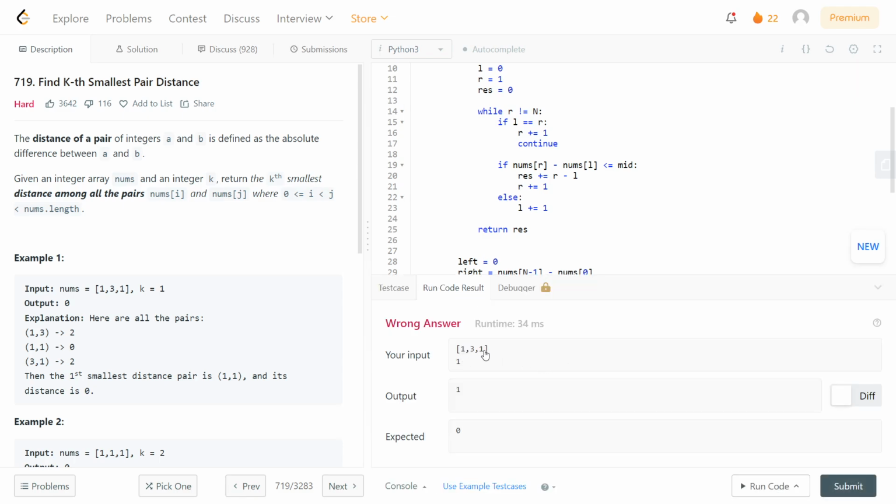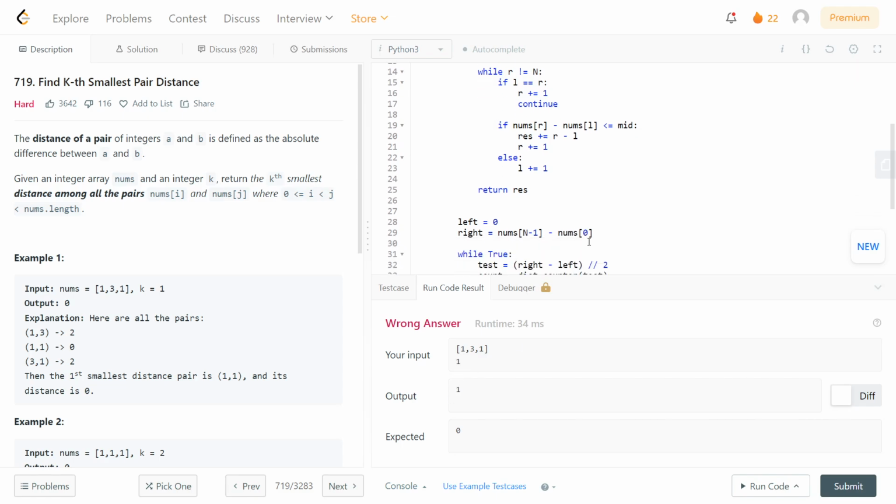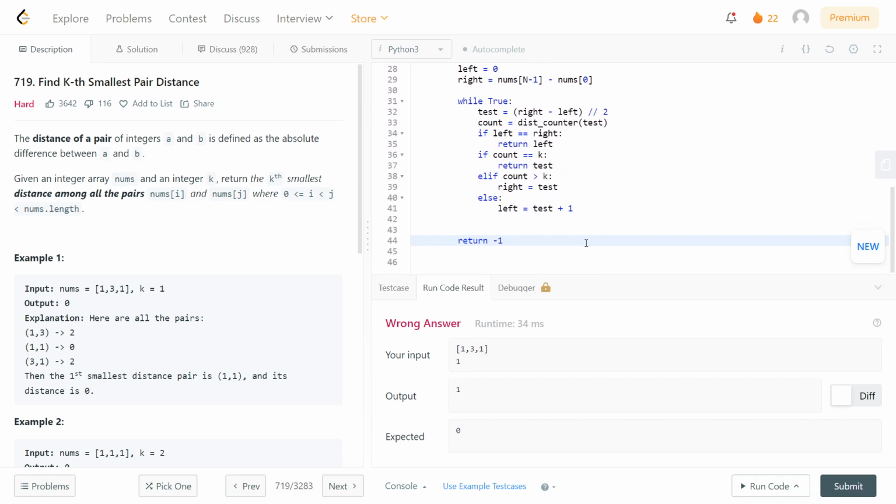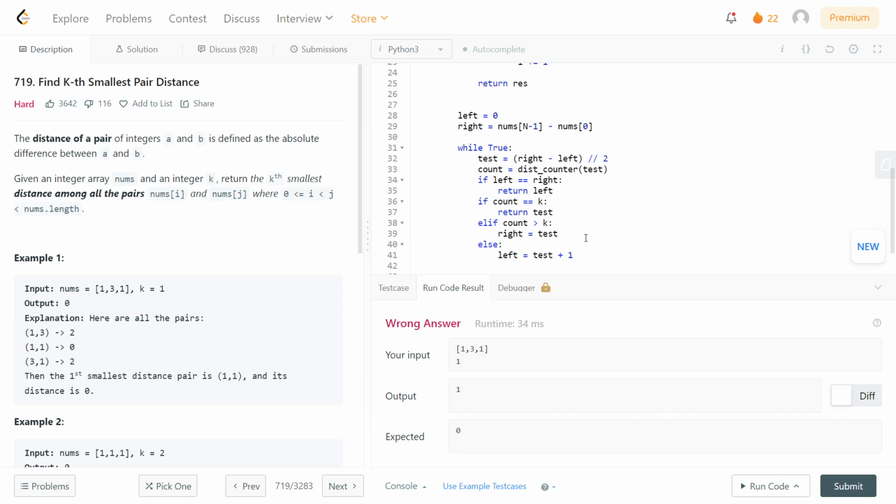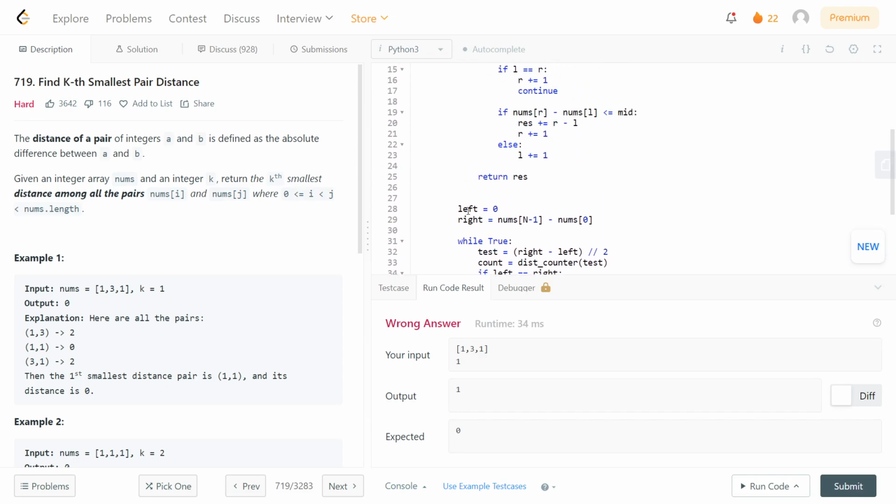So input 1, 3, 1, our output is 1. Okay, why did I output 1? So first I was testing. Left was 0, right was 3 minus 1, 2.